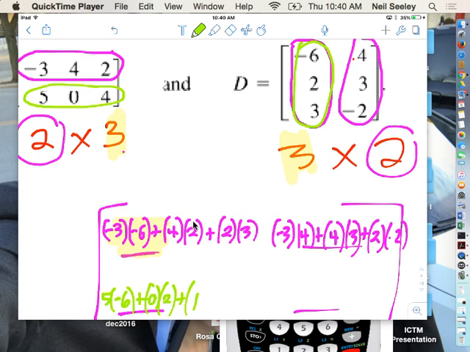Line them up, multiply their parts, add them together. That row gets multiplied by the other column. And then it's off to the races. Takes a while. And then 4 times 0 times 3 is 0.